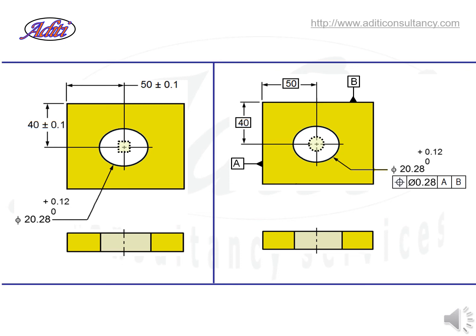In the second case, with respect to this same nominal position, a circular tolerance zone of 0.28 mm will get fixed. Let us try to superimpose one tolerance zone over the other and try to compare them.